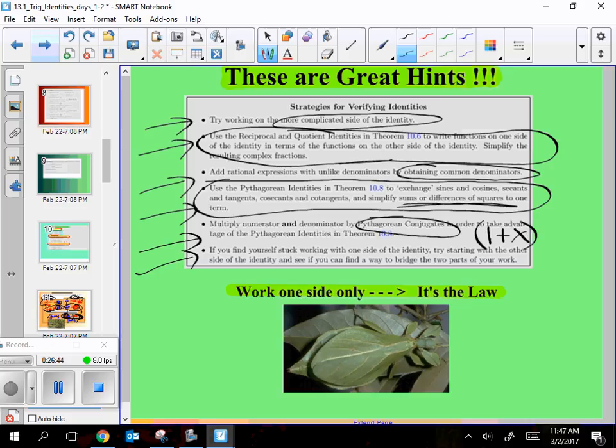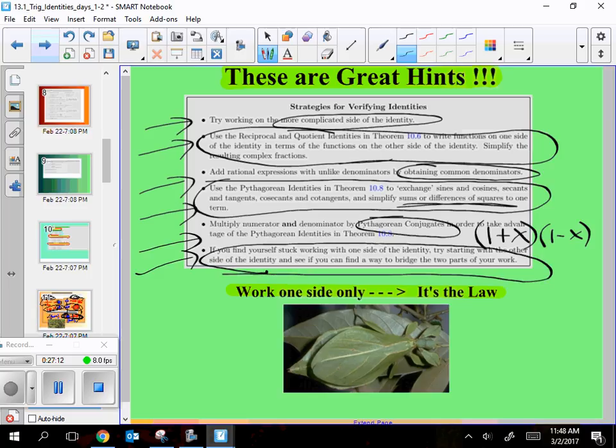Okay, so you don't know what a conjugate is, but you will in 2 seconds. The conjugate to 1 plus x is 1 minus x. And what happens is you can FOIL it out and you get 1 minus x squared. Does that sound a little bit like 1 minus sine squared? Let's see how that could come in handy in trig. I know this is the fine points, complicated stuff you're not ready for yet, but this list is really good. Last thing that you can be ready for is this.